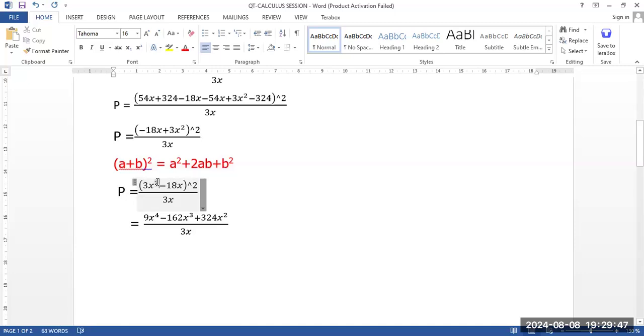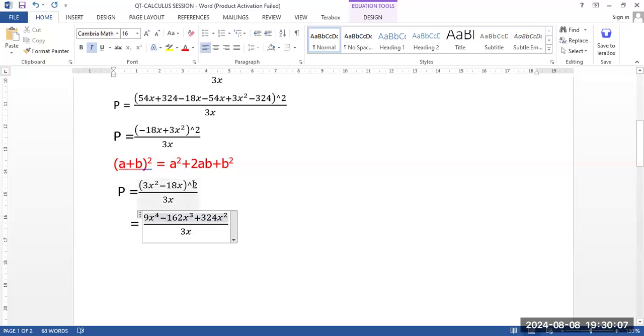I look at this 3x squared as my a. So if I square 3x squared, what do I get? I will get 9x power 4. Here you get 3 squared, that is 9. Then x squared times x squared, you will get x power 4.